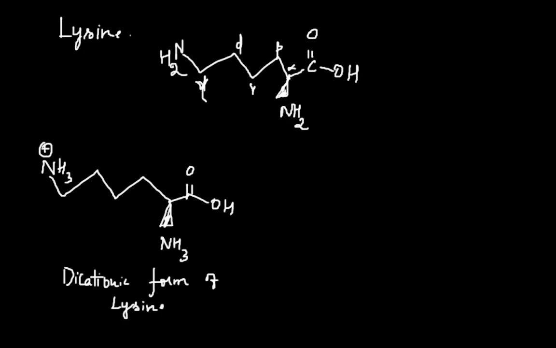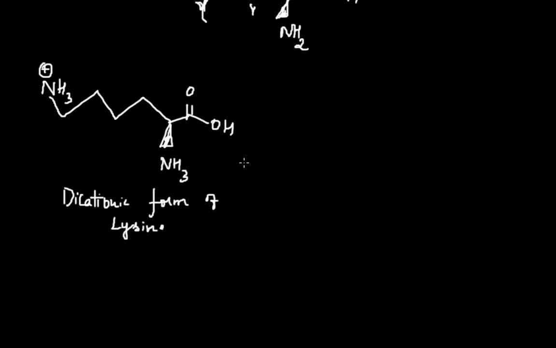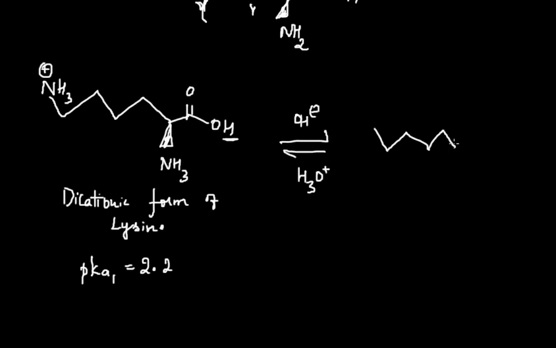The pKa of this carboxylic acid hydrogen, this is pKa1, is 2.2, with OH- and H3O+. What happens is your carboxylic hydrogen is removed. So this is your monocationic form.